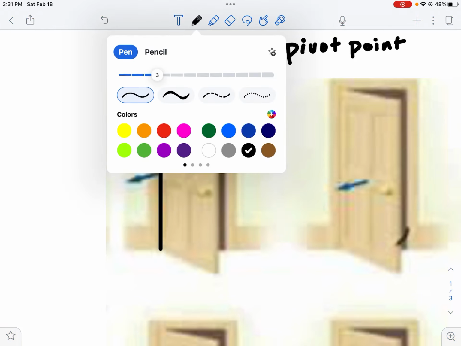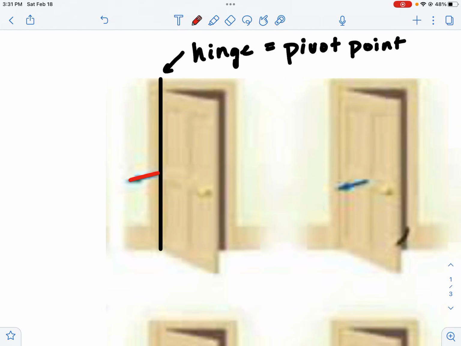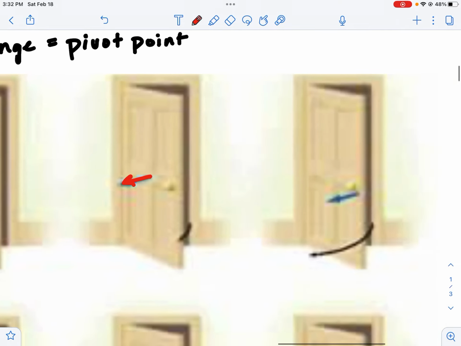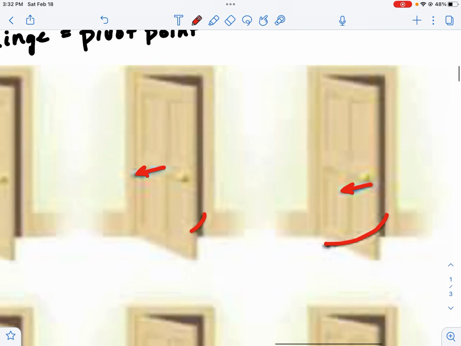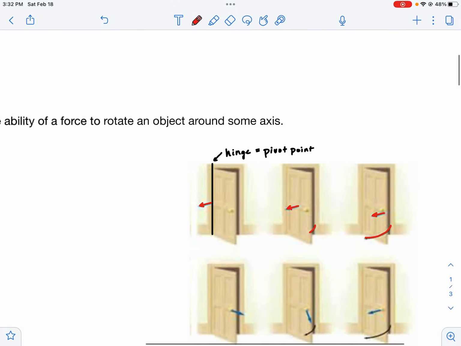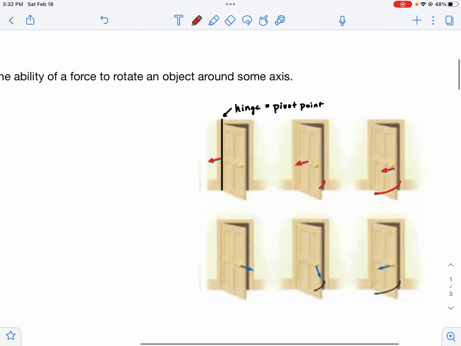If I pull or push on the door close to the pivot point, close to the hinge, I won't get much rotation. If I push or pull toward the center of the door, I'll get more rotation, and that's indicated by this swoop here. And if I push or pull at the end of the door, that will get the biggest change in rotation for the door.